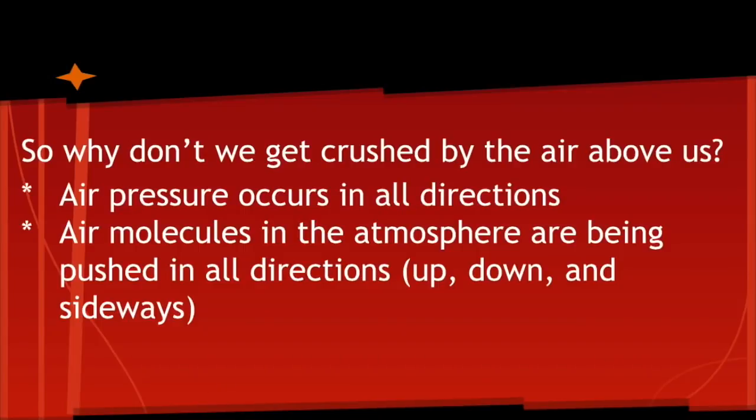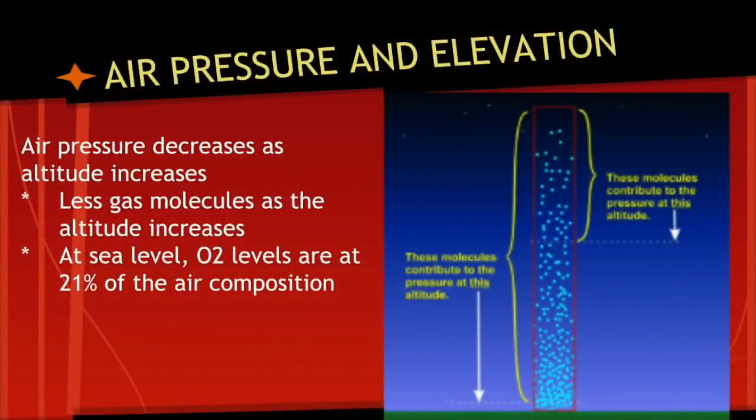Well, air pressure occurs in all directions. Air molecules in the atmosphere are being pushed in all directions: up, down, and sideways. Air pressure decreases as altitude increases, because there are fewer gas molecules as the altitude increases. At sea level, your O2 level is about 21% of the air composition.